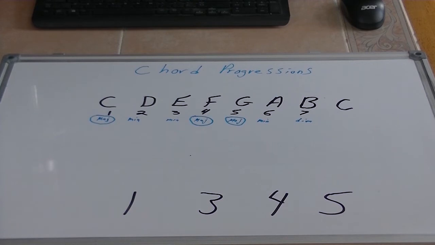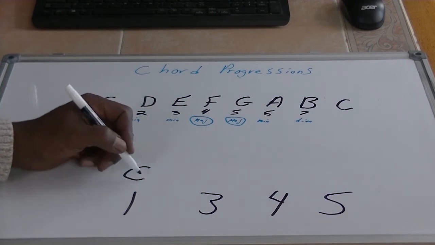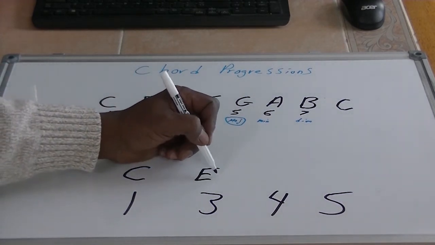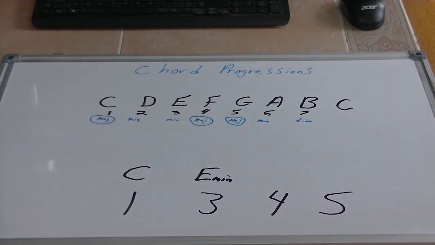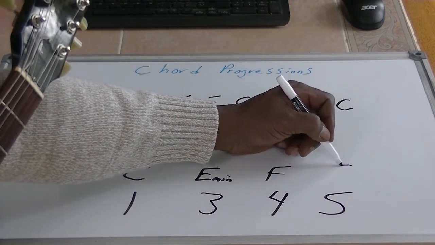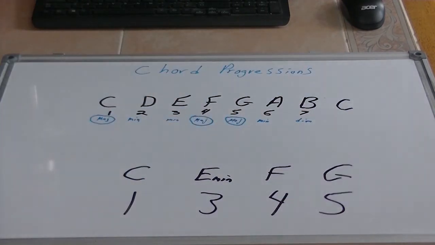We don't want to get caught up in just only using 3 chords. So let's go ahead and fill in our chords. In the key of C major, the 1 chord is C major. So now we have the 3 chord, which is E minor, the 4 chord, which is F major, and the 5 chord, which is G major.